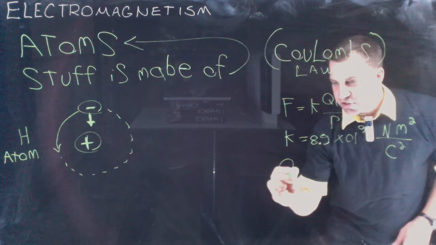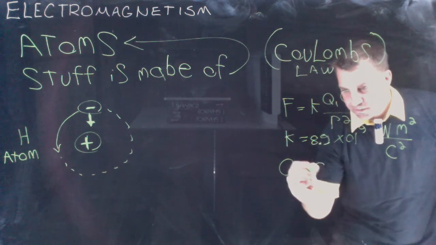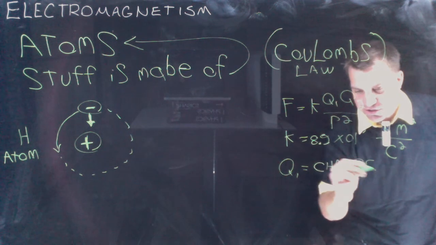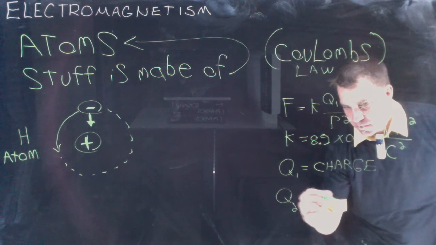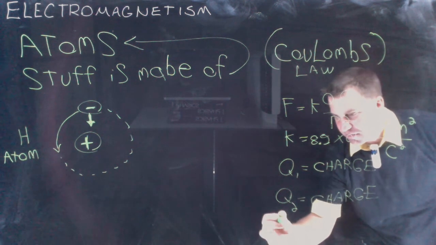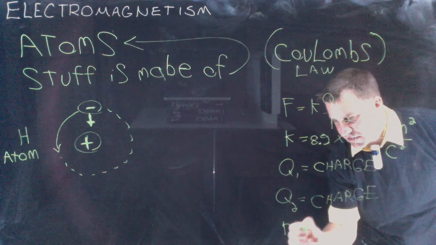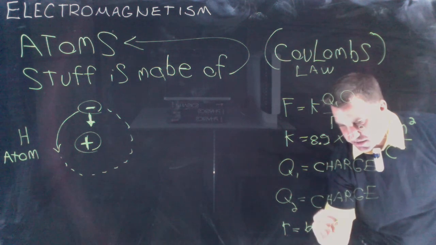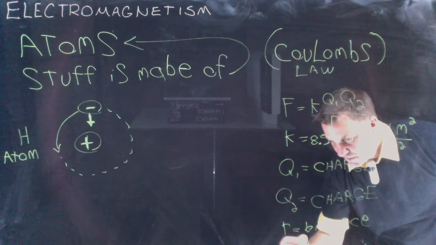Q1 is the charge of the first particle. And then, of course, Q2 is the charge of the second particle. And then finally, R is the distance between them, the distance between Q1 and Q2.